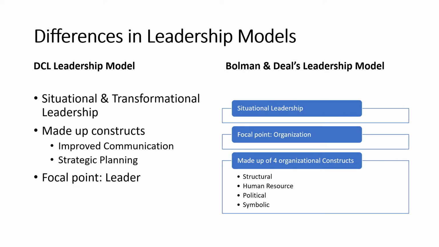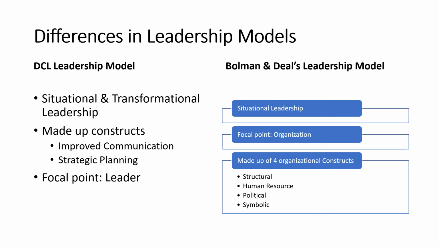Differences between the leadership models. The DCL leadership model is situational and transformational leadership, meaning it takes in both methods. Depending on the situation, leaders can choose their different leadership style.